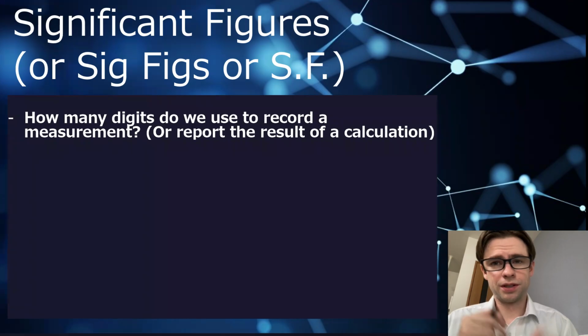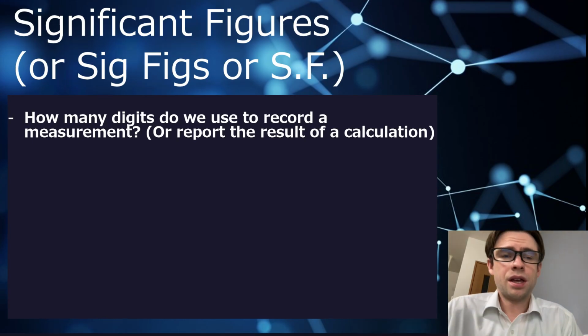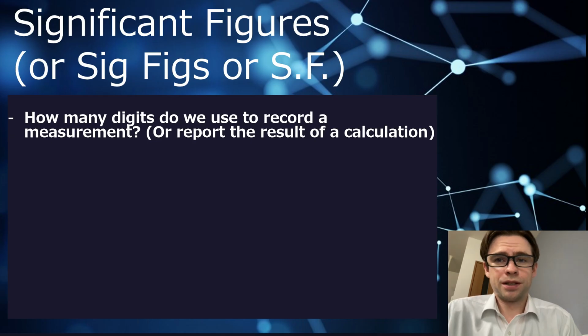You go and you measure the distance it travels, and you measure the time it takes to travel that distance. Then you're going to put those things together in an equation as a ratio. You'll get distance divided by time, and out comes a speed in meters per second. But you've got to think about how many digits you report for that speed, and it's going to depend on the digits in your measurements for distance and time.